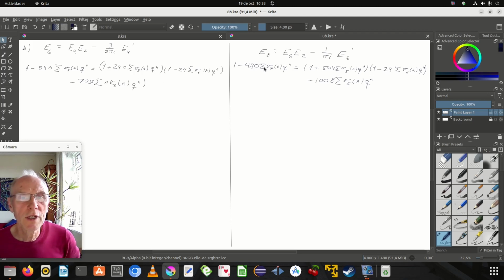The same over here, E8 copied, E6 copied, E2 copied, and the same. It gives 2 times the coefficient of E6, which was 504, so it gives 1008.